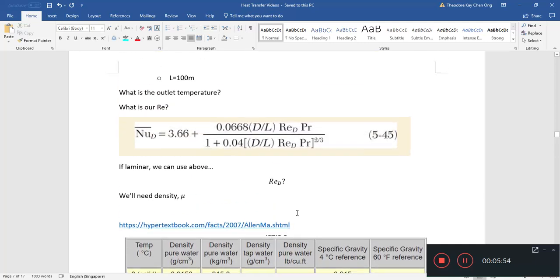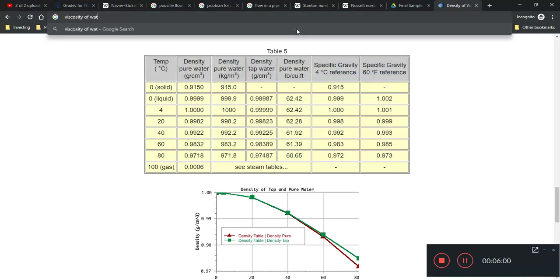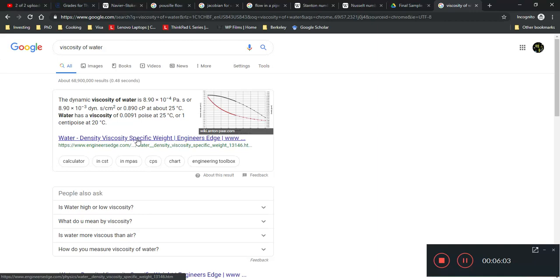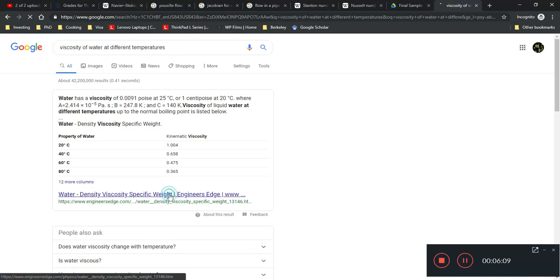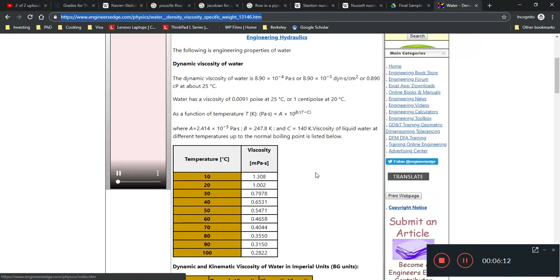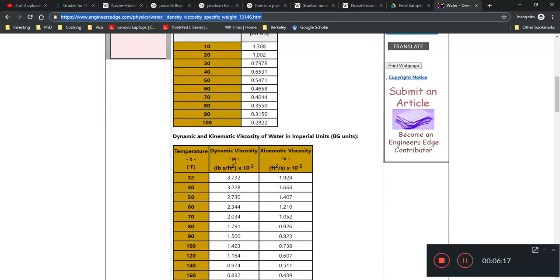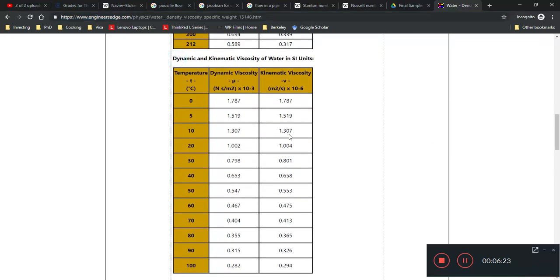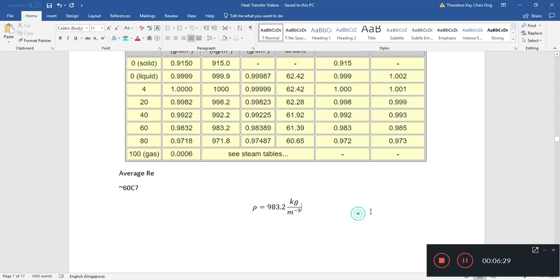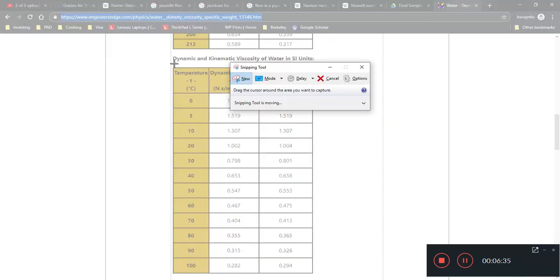Okay, so that's density. What's the viscosity of water at different temperature? So you can look here, somewhere like this. This is some dynamic and kinematic viscosity of water in SI units. So this is what we want. We're going to use SI units. I'm just going to copy and paste this down here.